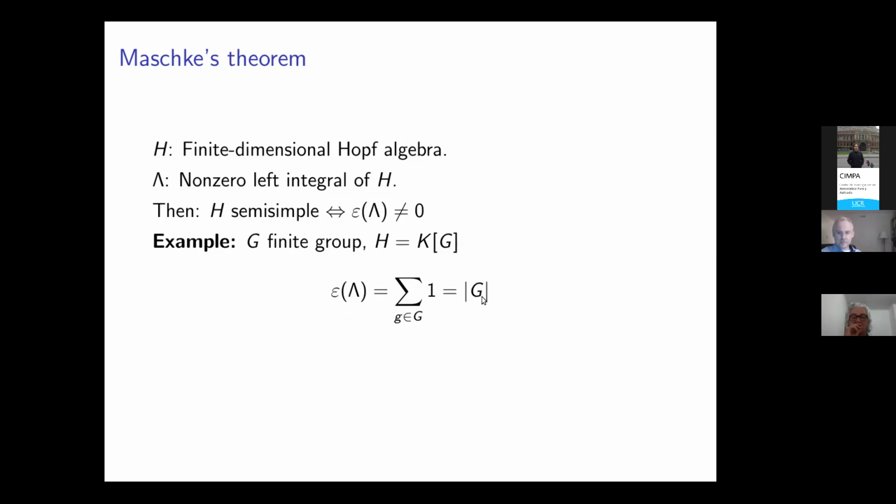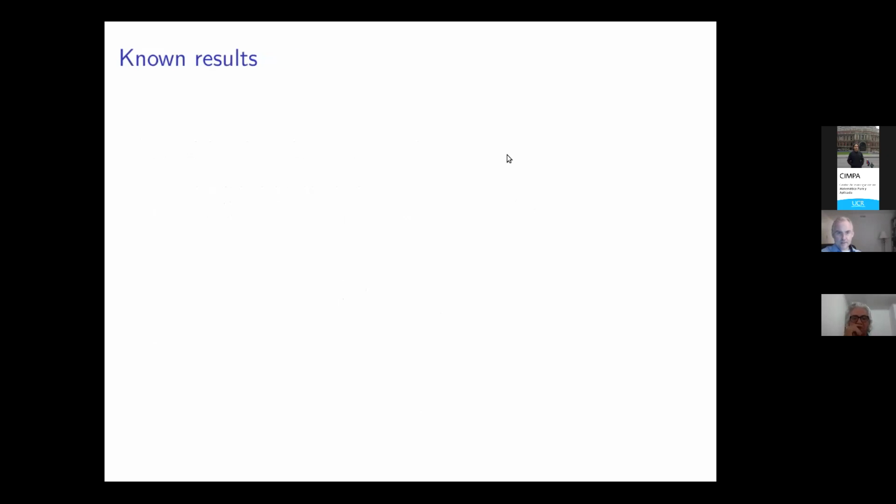So this is 1 plus 1 plus 1, just the number of summands, which is the order of the group, understood as an element in the base field. This means the group algebra is semi-simple if this number is non-zero in the base field, which will happen if the characteristic does not divide the group order. And this is Maschke's theorem in the original setting for groups. This is the Hopf algebraic generalization. So this is an important fact.